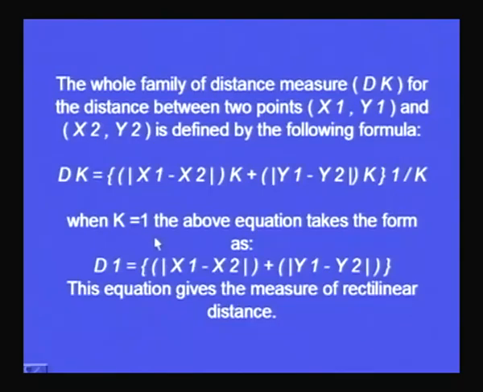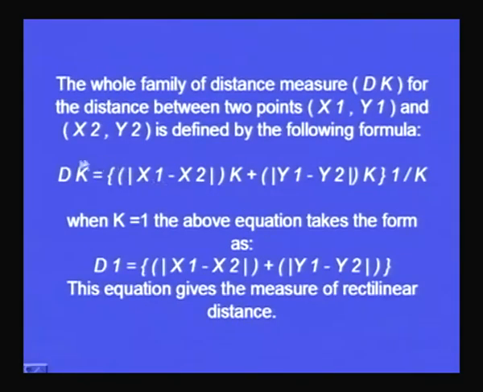So, when k is equal to 1, if we put it in this expression, k will be 1 here, k will be 1 here, as well as it will be 1 here. So, the final expression will become d1 is equal to absolute value of x1 minus x2 plus absolute value of y1 minus y2, and this is going to give us the rectilinear distance between 2 points (x1, y1) and (x2, y2).